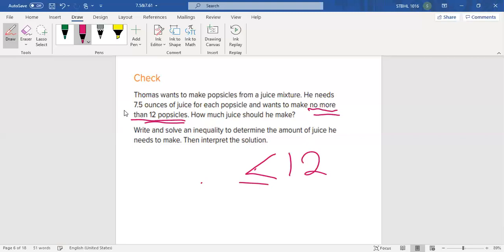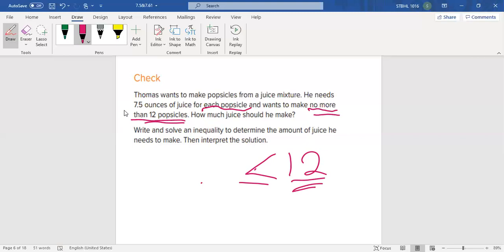Again, he wants to make popsicles from this mixture. He needs 7.5 ounces of juice for each popsicle. So this is no more than 12 popsicles, and he needs 7.5 ounces of juice for each popsicle.